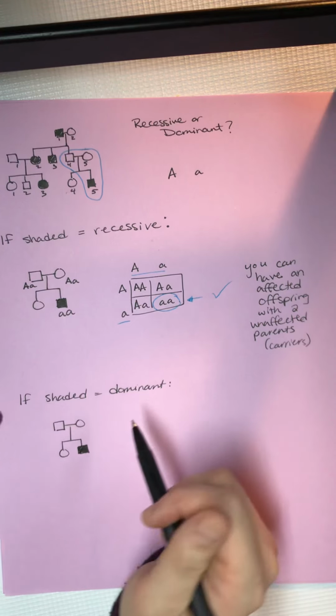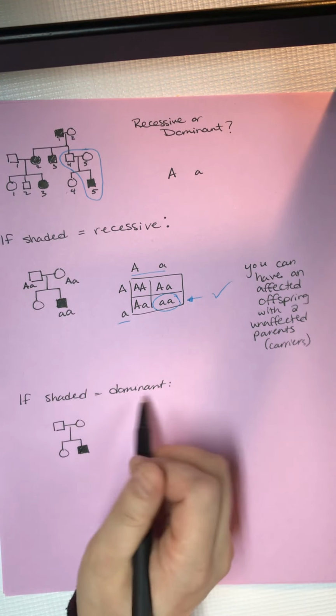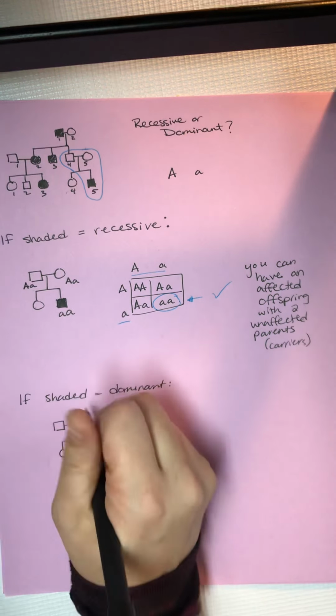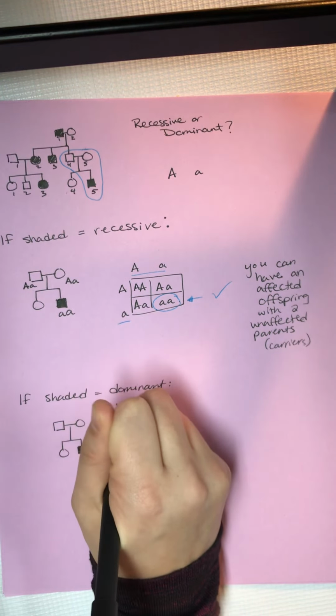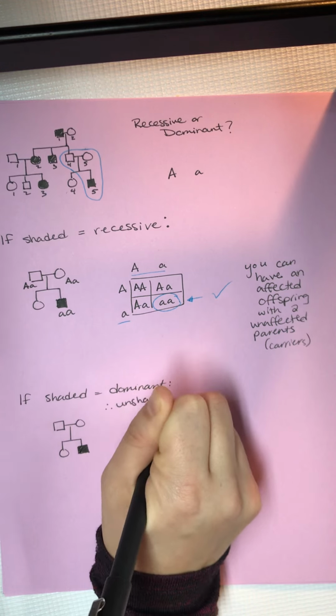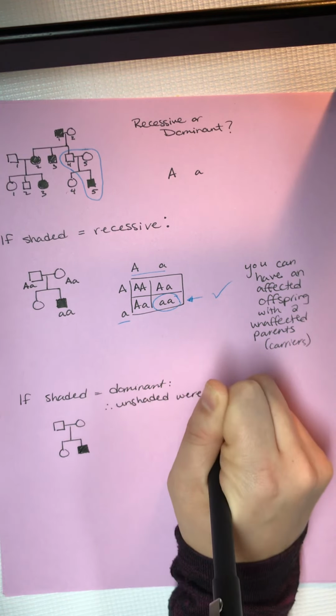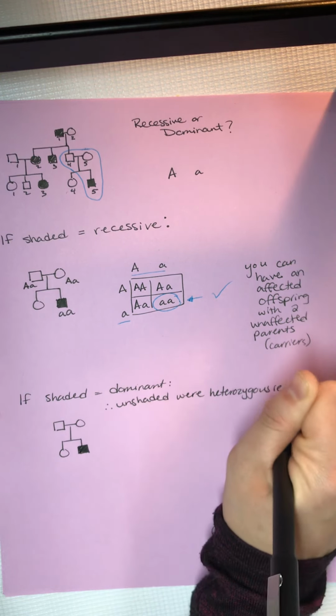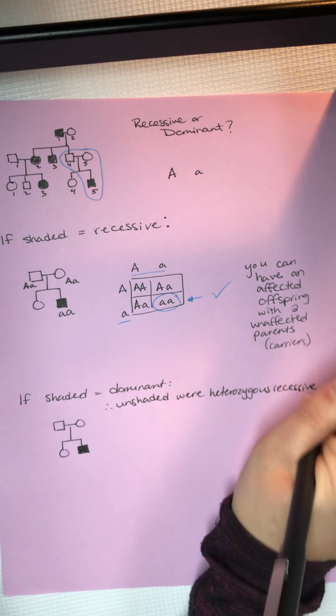So if we're assuming that the trait is dominant, okay, the shaded is dominant, then that would mean the unshaded individuals are homozygous recessive.